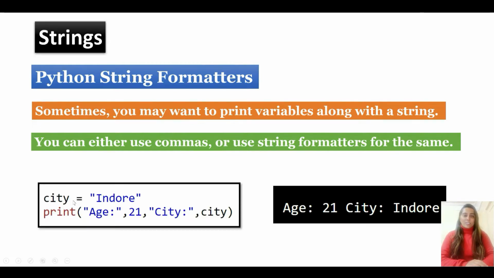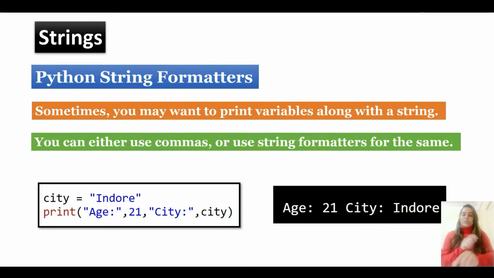Suppose the variable is city, which has a string value Indore. So you want to print a string which has age : as its characters. Then you want to print the numeric value, which is 21.